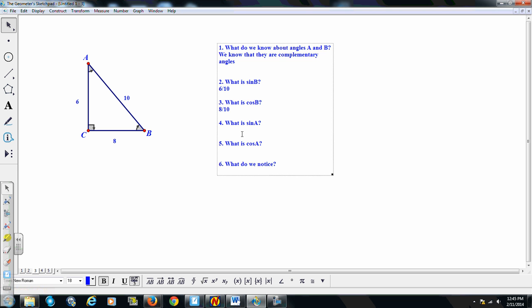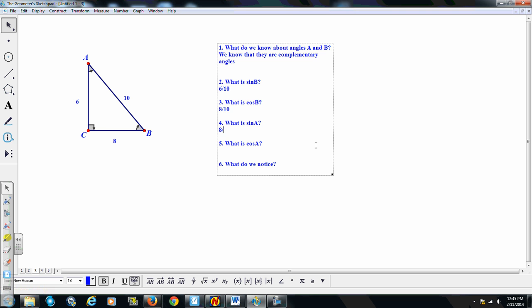Now let's change our reference angle to angle A. When we move up to angle A, we see that the segment 6 is helping us make this angle A. So 6 can't be the opposite of angle A like it is the opposite of angle B. That means that if we go across the triangle, we see segment 8 right here.